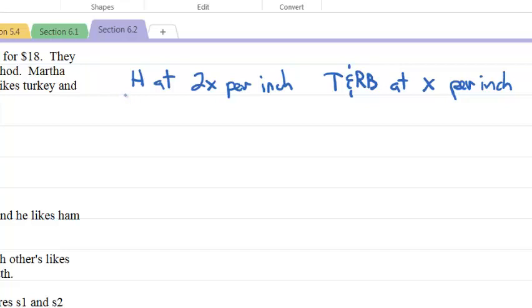8 inches of ham valued at 2x per inch and 20 inches of turkey and roast beef valued at x per inch for a total of $18. 18 is given in the question, right?